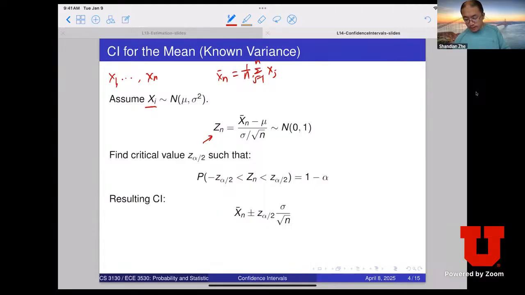So Zn is simply Xn subtracted by mu and divided by sigma over square root n. So we know that Zn will follow a standard Gaussian distribution with 0 mean and 1 variance.